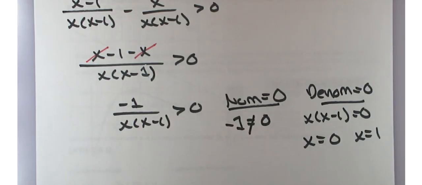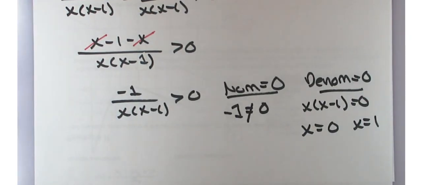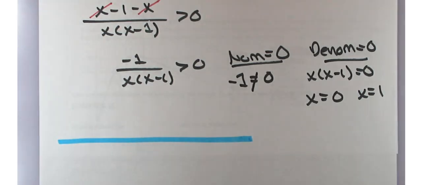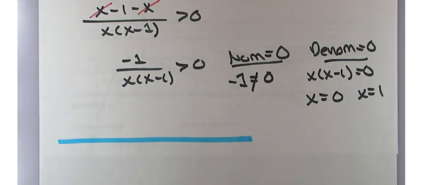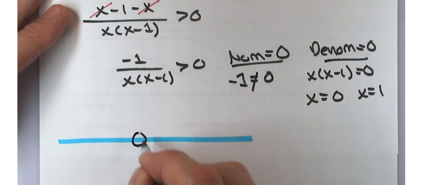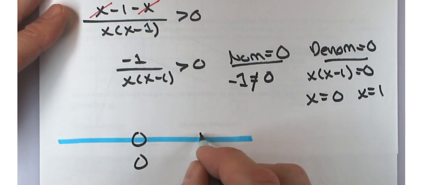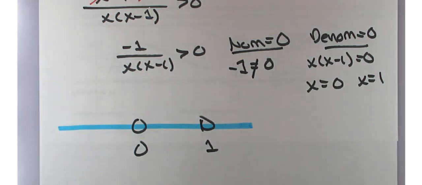That's fine. So let's put this on the number line like we've done with all our other ones. There's only 2 points that we got to worry about. One of them was 1, and one of them was 0. So at 0, we got a point, and at 1, we've also got a point. Why did I bother drawing these with hollow dots?